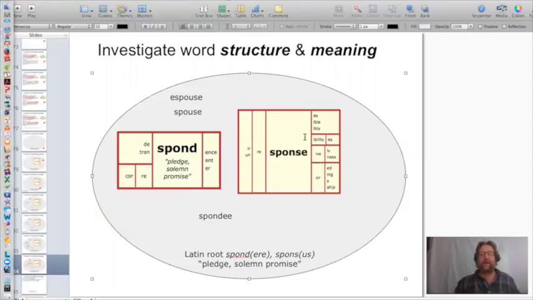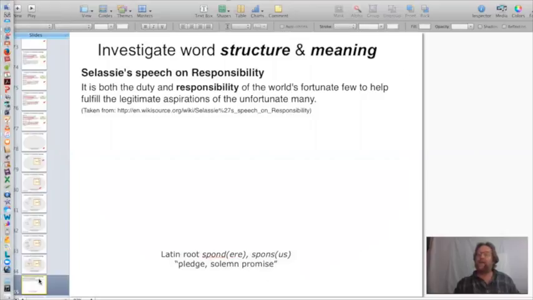And now we see that all of these words have at their root this idea of a pledge, a solemn promise. And now we come back to the Selassie speech. So when we say it is both the duty and responsibility of the world's fortunate few to help fulfill the legitimate aspirations of the unfortunate many, we're saying it should be a solemn pledge or promise for those with to help those without.